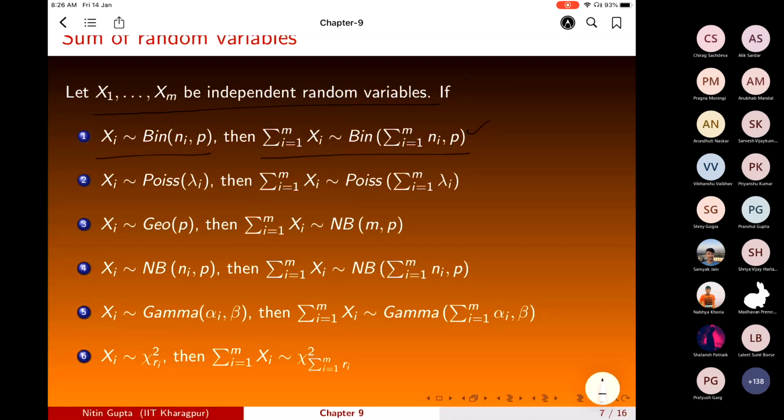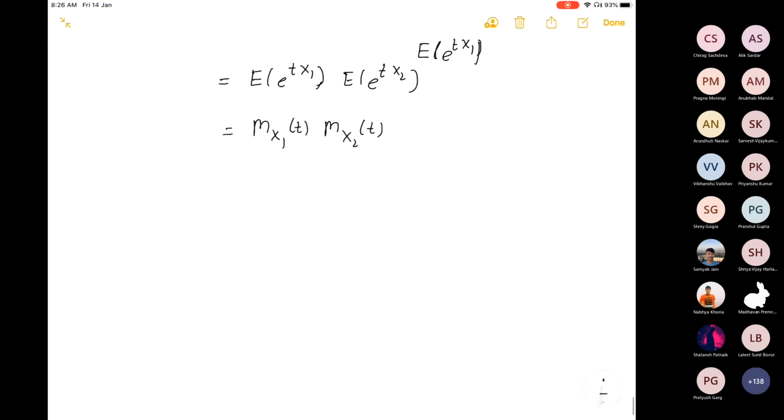The xi's are independent binomial ni comma p, i from 1 to m.